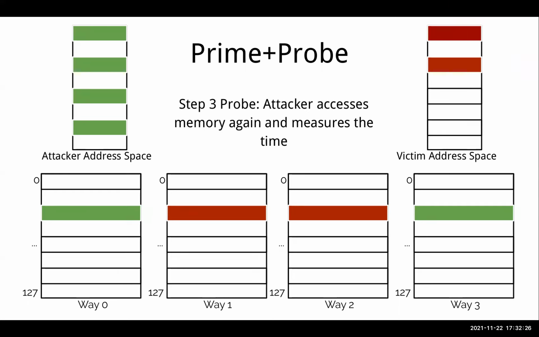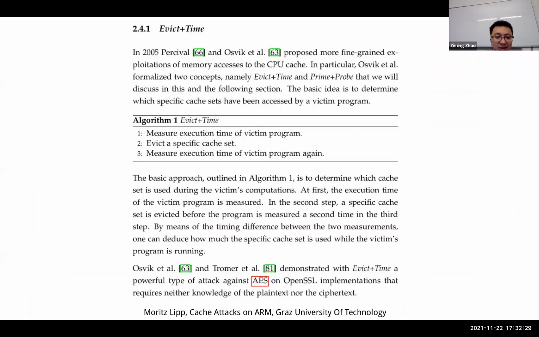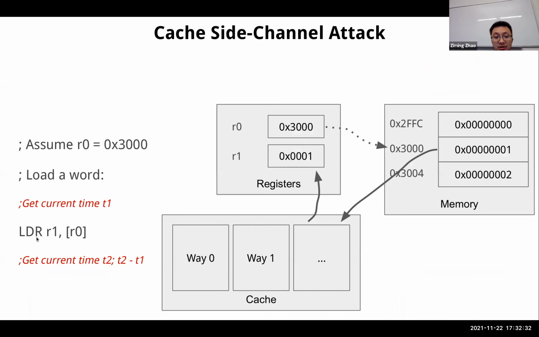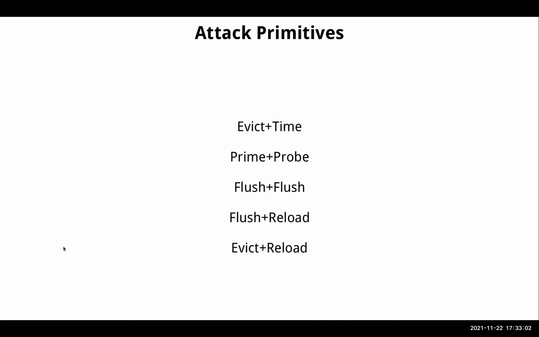What the attacker does is just load the values at those addresses. The value doesn't matter; what matters is how long it takes. The prime step does this using different addresses. The measure step uses the same instruction, but measures the time.